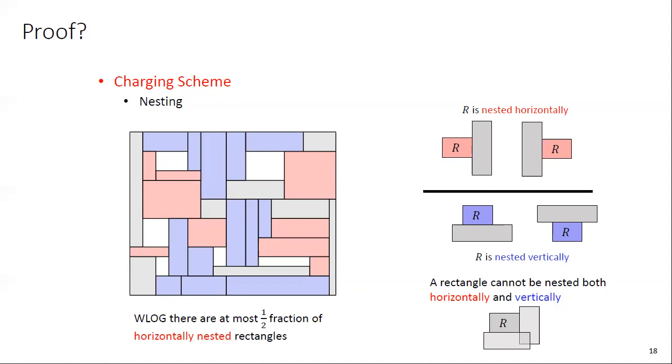A rectangle cannot be both horizontally and vertically nested. Otherwise these two rectangles must intersect, and you assumed they are an independent set. So if you look at your instance of opt, each rectangle is either nested horizontally, nested vertically, or neither. Without loss of generality, you can assume that at most half of them are nested horizontally. Otherwise, you just flip your instance.